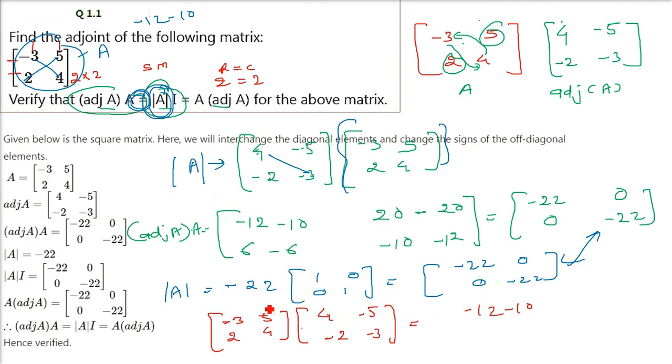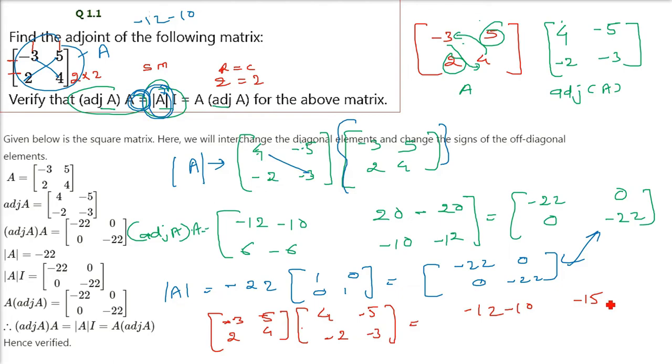I'm taking the first row of the first matrix and the second column of the second matrix, multiplying each corresponding element and then adding. So -3 into -5 is 15, and 5 into -3 is -15.